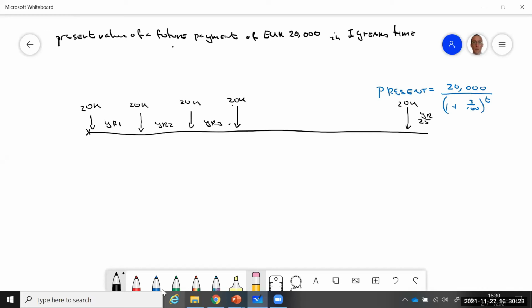So the first 20,000 euro here is a future value of sorts. The corresponding present value for that is 20,000 divided by 1 plus 0.03 to the power of 0. That's because that present value has no time to invest, because he's taking 20,000 euro on the very first day of his retirement.